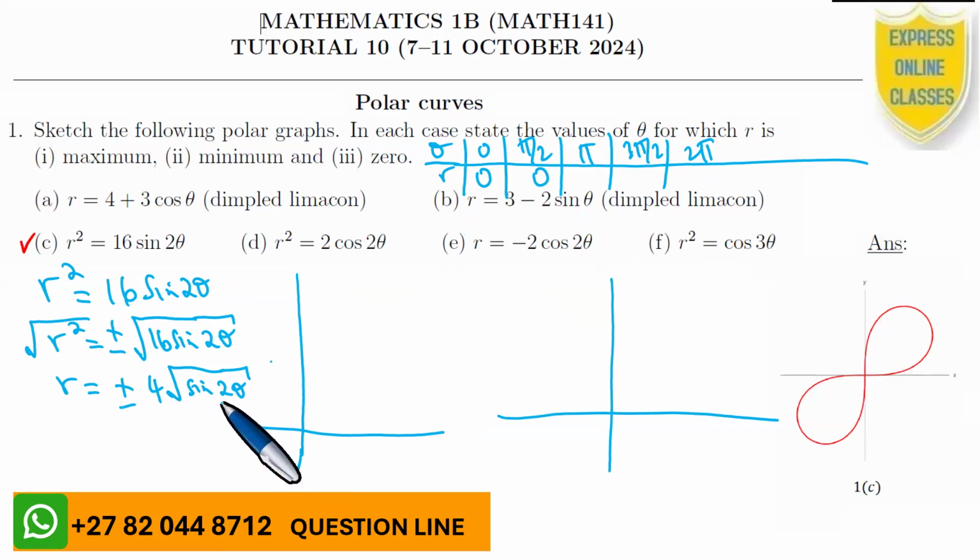Okay, you put pi over 2 here. But if you put pi over 2 here, then it's going to become what? 2 times pi over 2, which is pi. The sine of pi is 0. Then you put 2 pi, it is also 0. Very interesting. So everything is going to be 0.